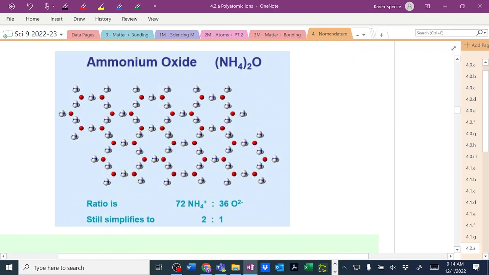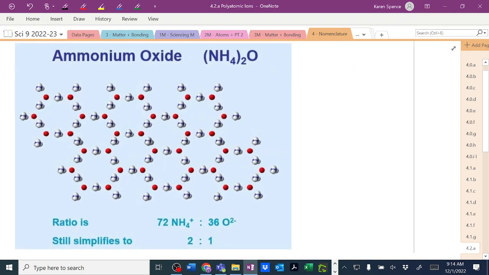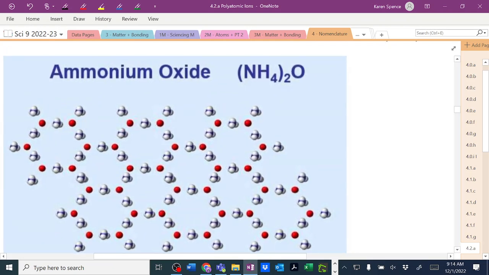Here's ammonium hydroxide. Okay, and you'll notice we have NH4. And what did we do with it here to show we had two of them? We had to put it in brackets. And we put the 2 on the outside, and that means we have 2 of the H4 and the N. It applies to everything inside the brackets. Okay, so we have 2 of that entire thing.